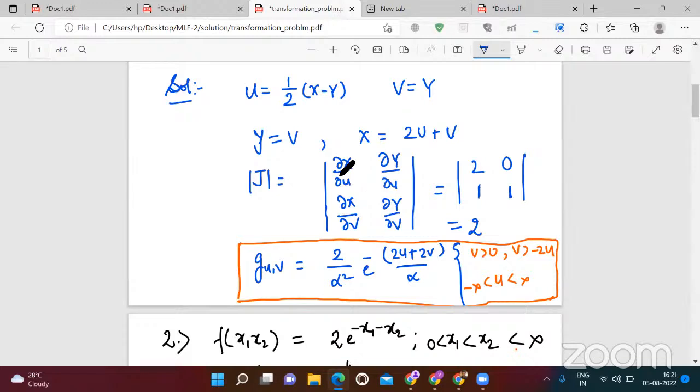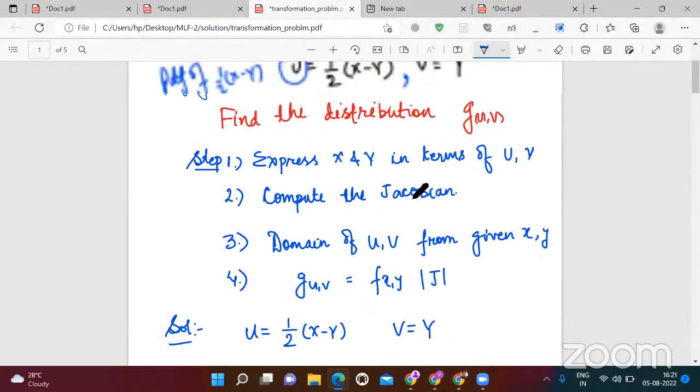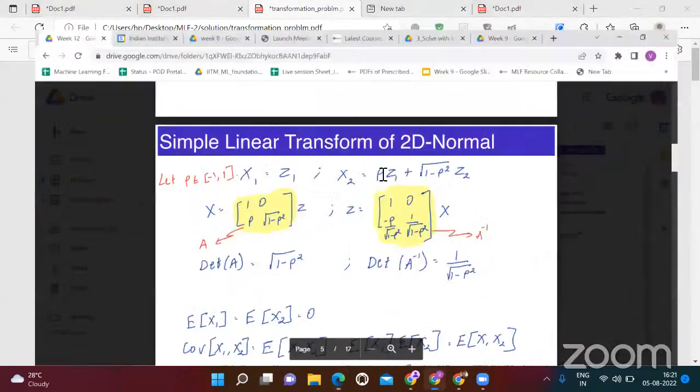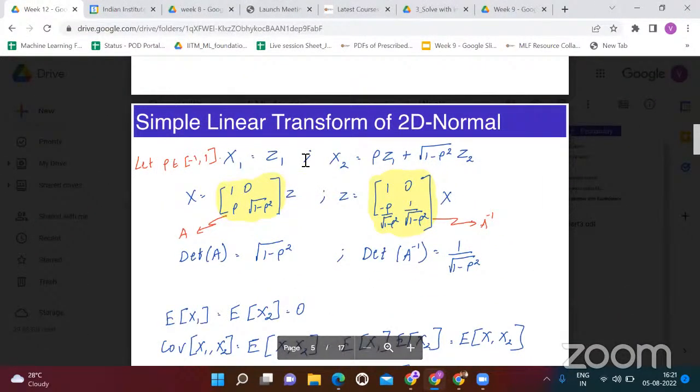Same thing we do in place of u and v. There it is z1 and z2. Right. So the same thing has been done here. Here it is x and y with u and v, and here it is z1, z2 and x1, x2. The transformation is the same. You just need to invert this. After inverting this, calculate the Jacobian. That's it.